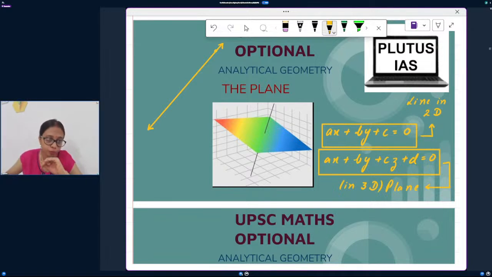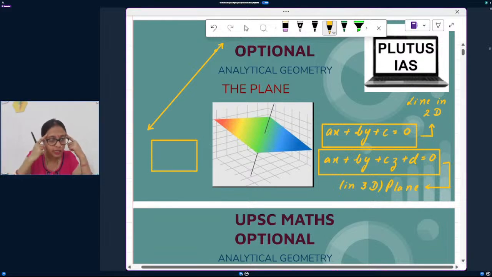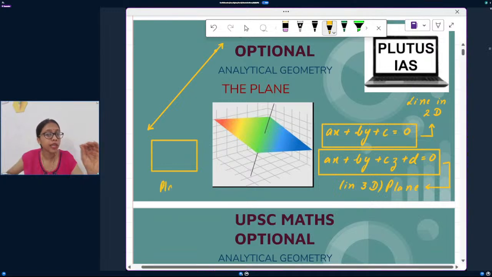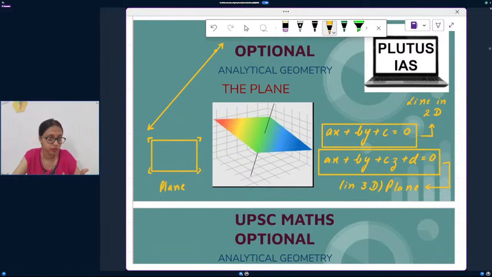But when it comes to plane and I draw something like this, usually my mind says that it's a rectangle, of finite area. But instead of rectangle, when I call it a plane, beta, it is not of finite area. I cannot represent arrows over here to show that it is not of finite length or breadth.